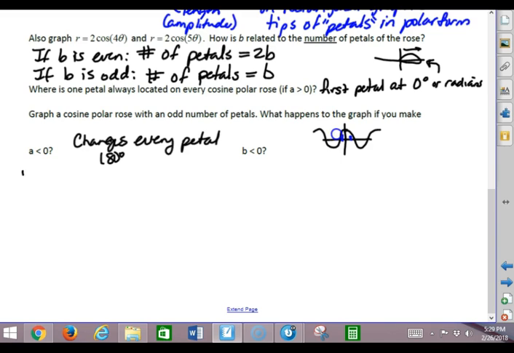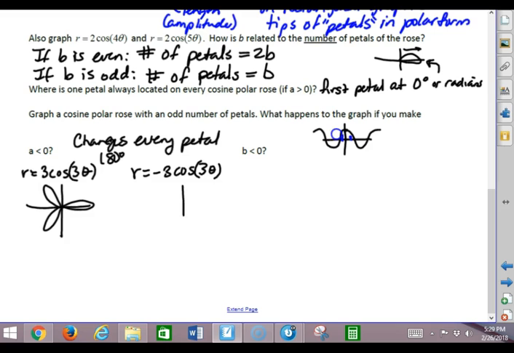So if I start out with r equals 3 cosine of 3 theta, and I have a petal here and a petal here and a petal here, then if I have r equals negative 3 cosine 3 theta, then now I have a petal here and here and here. So this petal changed to here, this petal changed to here, this petal changed to here. So now we're going the opposite direction.